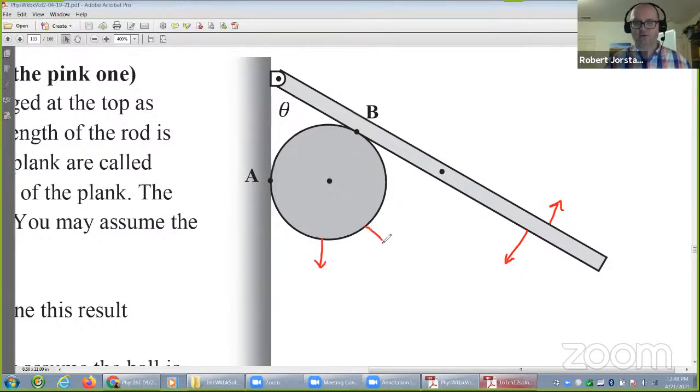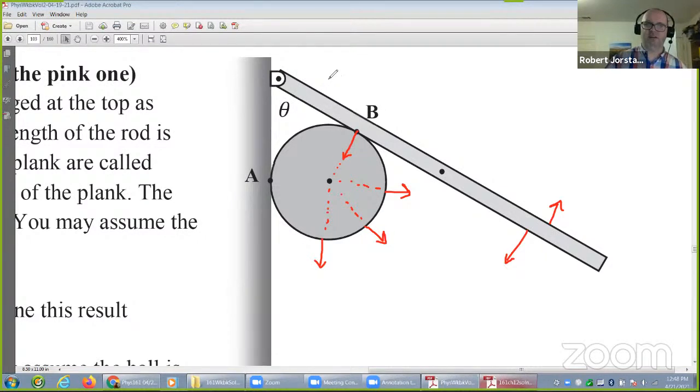Spheres are going to exert normal forces radially outwards. So if you rest something on a sphere or a cylinder, the normal force is going to point directly away from the center on other objects. As a result, by Newton's third law, there's a normal force directly towards the center from the plank.